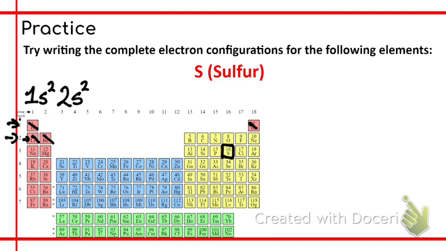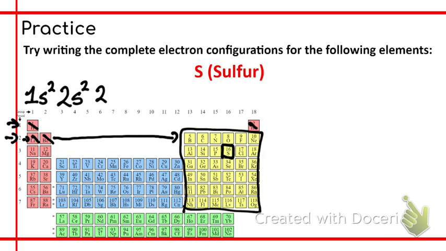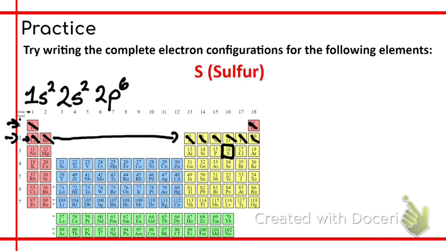We're going to continue on reading this across the periodic table. All right, we are still in row 2, but we're going to be entering into our P block. So remember, to the very far right is our P block. So this is going to be our 2p, and it is able to hold 2, 3, 4, 5, 6 electrons.